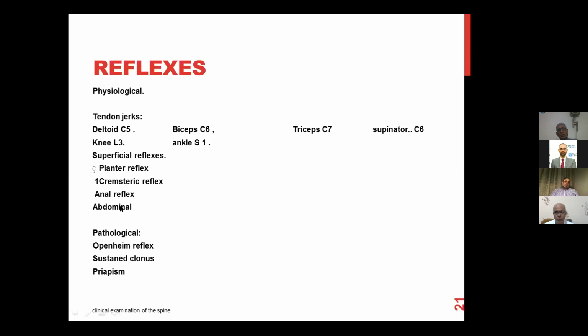They can be lost below the level of the lesion or above it, and may be asymmetric. They are D6, 7, 8, 10 accordingly.